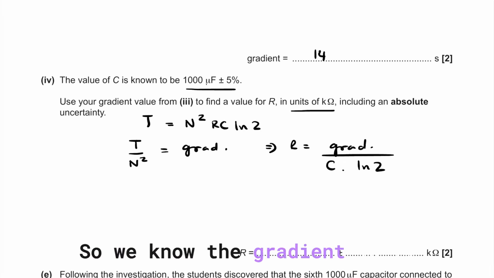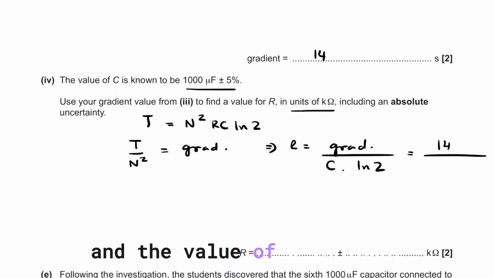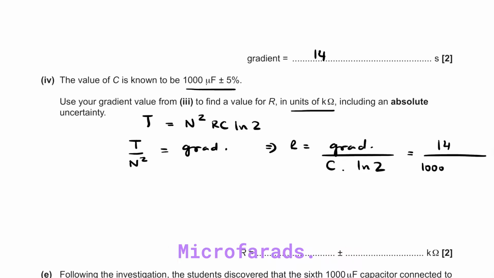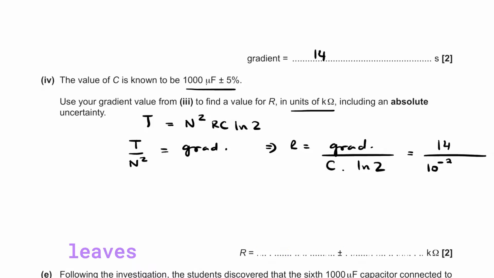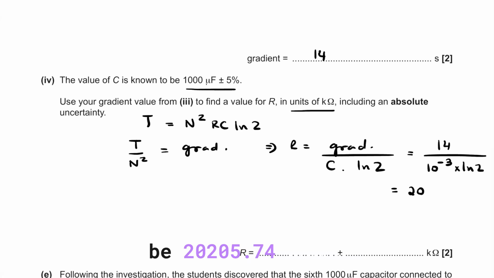So we know the gradient is 14 and the value of C is 1000 microfarads. So it will be just times by 10 to the minus 6, which leaves you with 10 to the minus 3, followed by ln 2. So that is going to be 20,205.74 ohms.